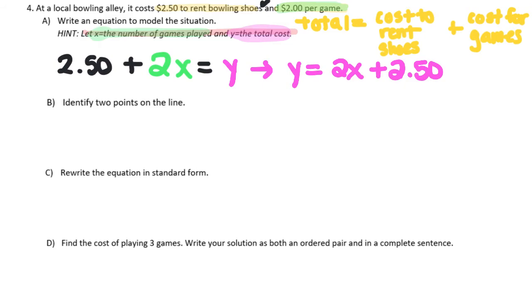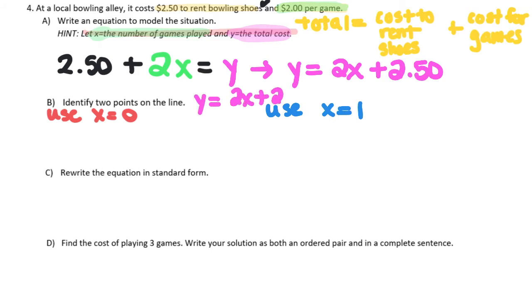Now, given this part, we have to find 2 more points on the line. I'm going to use x equals 0 for one of them, and x equals 1 for the other one. So using that information in my equation, y equals 2x plus 2.50, I'm plugging in for the value of x.